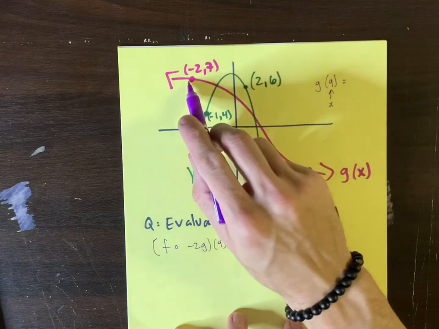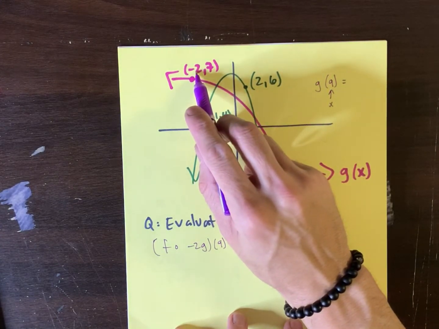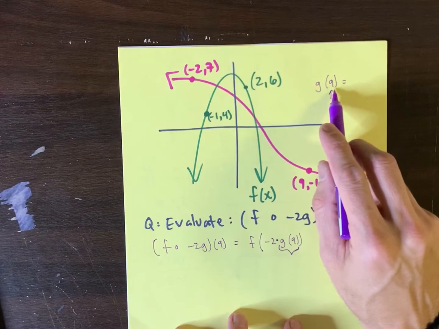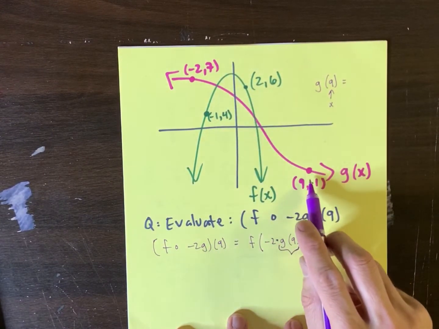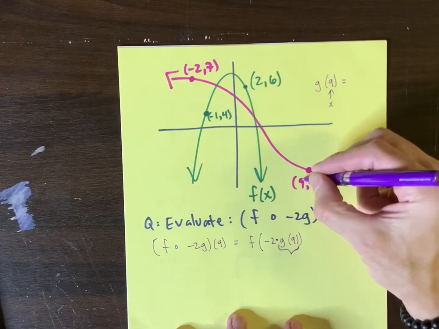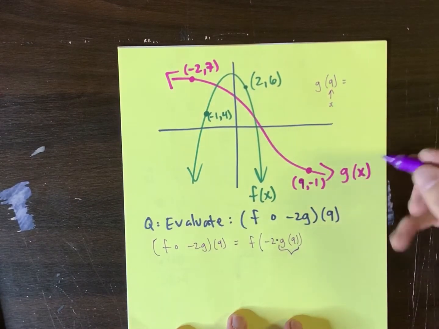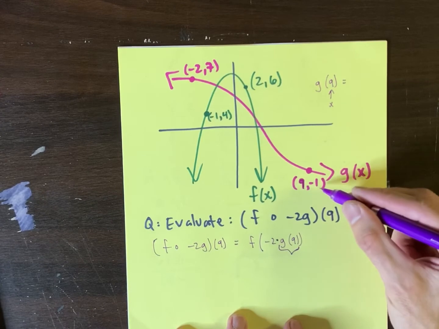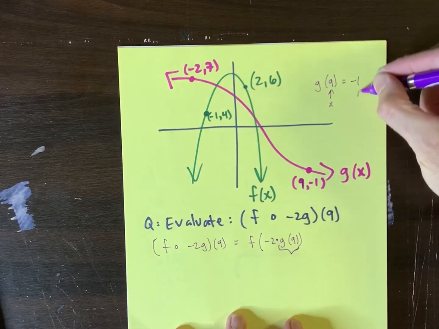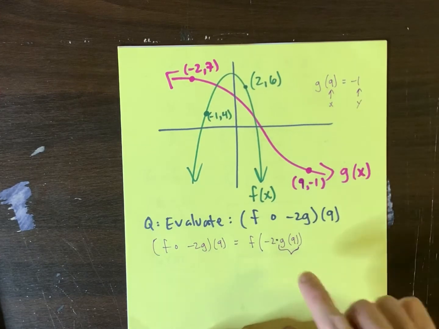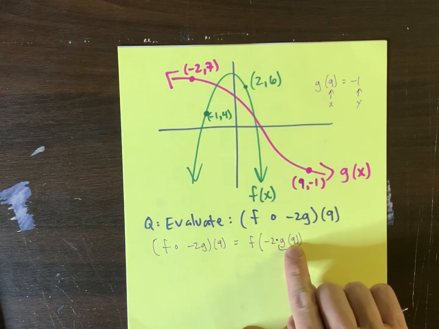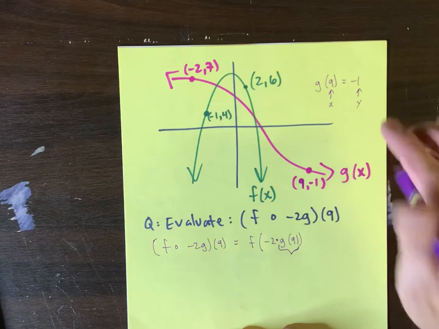That does not happen there because that's not x, which is 9. I want the x coordinate to be 9. It works here because the x coordinate is 9 and the y coordinate is negative 1. So you can think of it as the input and output. So g of 9 gets replaced by negative 1.